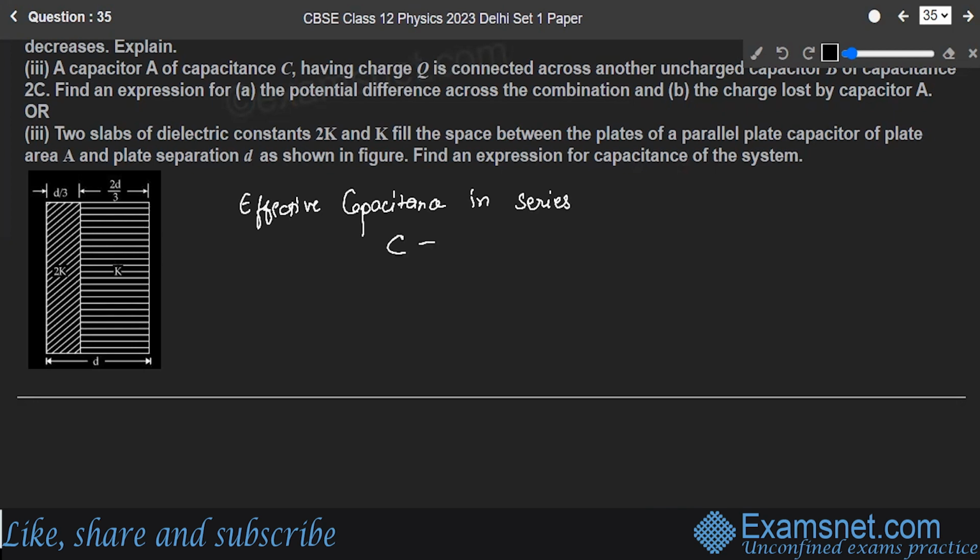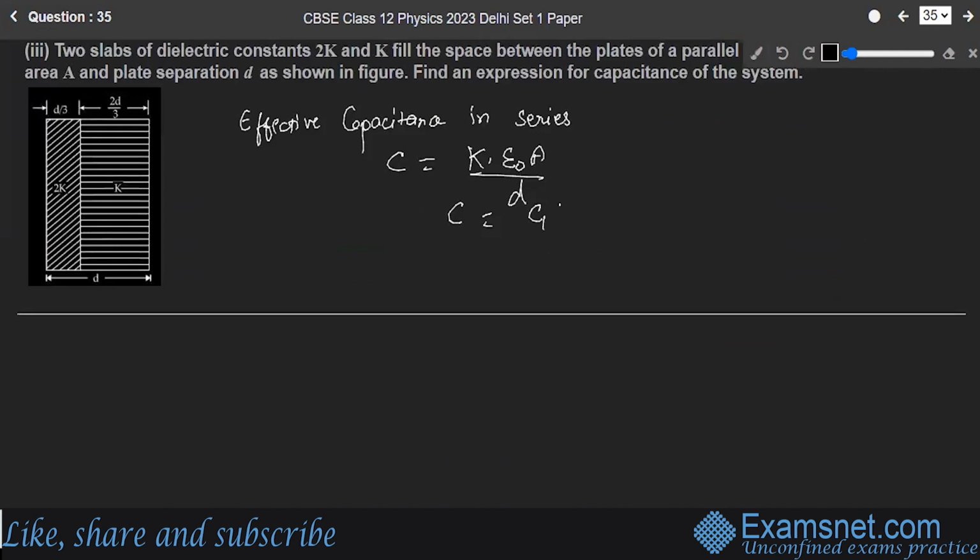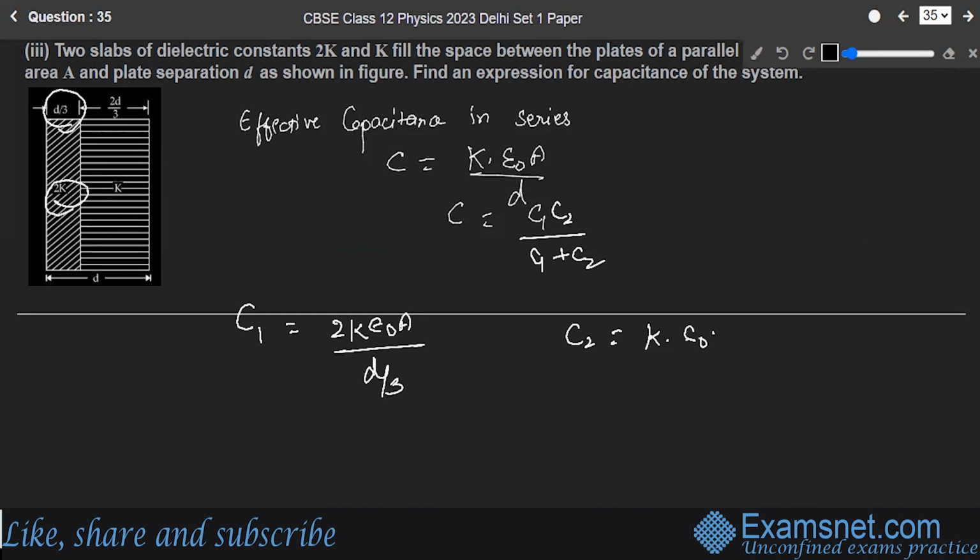In series, C is equal to C1 into C2 upon C1 plus C2. C1 is equal to 2K E naught A upon D by 3 from here. And C2 is equal to K E naught A upon 2D by 3 from here.